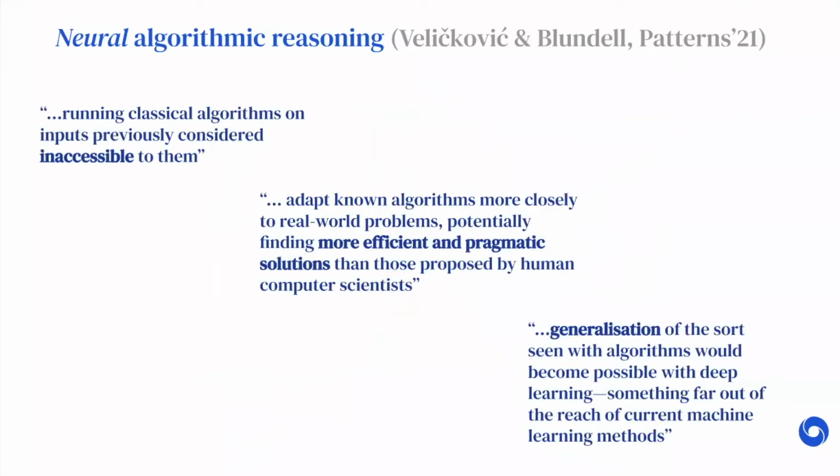And this is just a sample of quotes from our original publication that highlights the possible potentials of this method. It might allow you to run classical algorithms on inputs that were inaccessible to them, like real world noisy inputs. It might allow us to adapt known algorithms to find more efficient and pragmatic solutions than the ones proposed by human computer scientists.